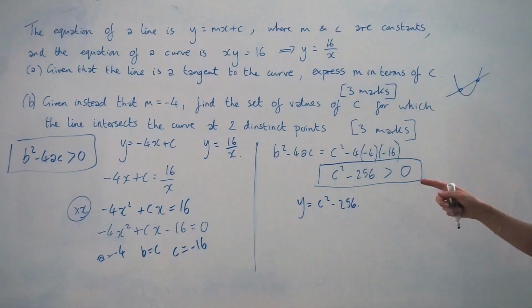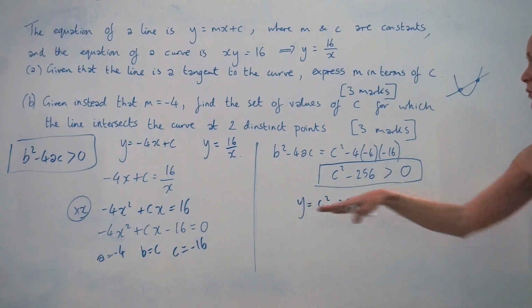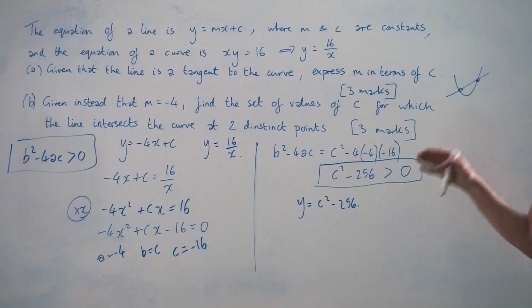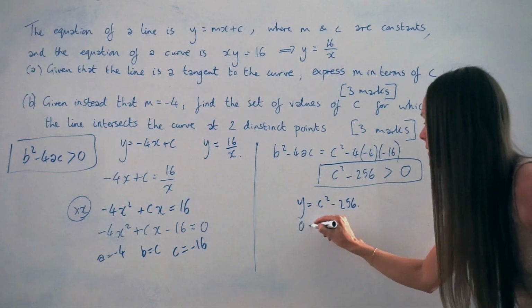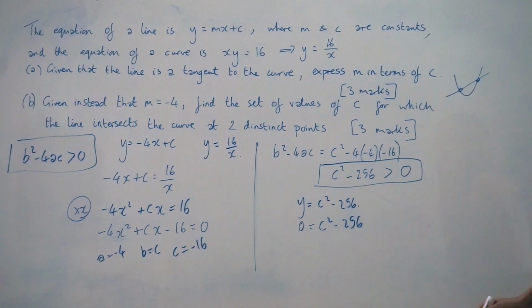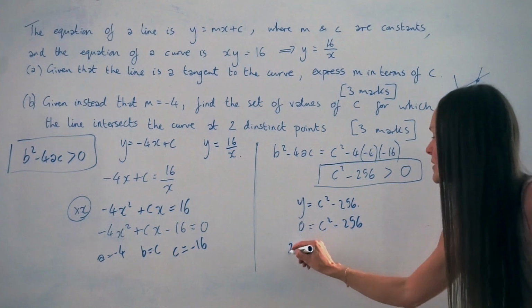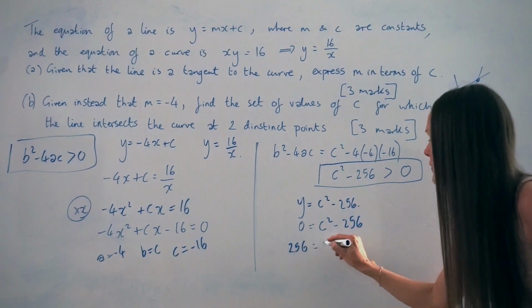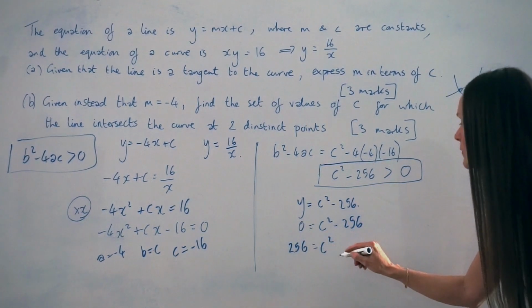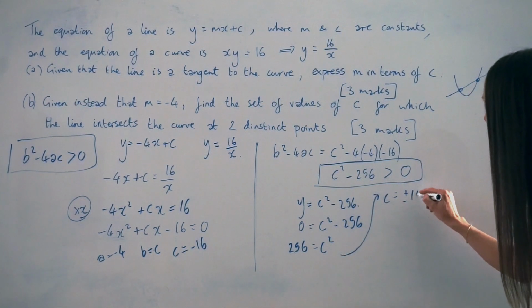Now if I wanted to work out where this equation intersects the x-axis or the c-axis, you would put y equal to 0, and then you would solve this equation. Okay, so if you're solving this equation, you can either factorize or you can add 256 over to the left. And if you square root 256, you get 16. So c is equal to positive or negative 16.